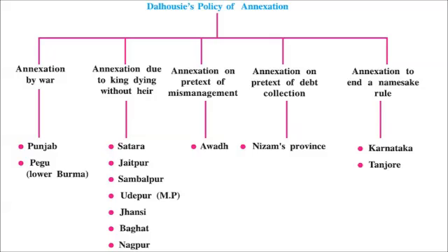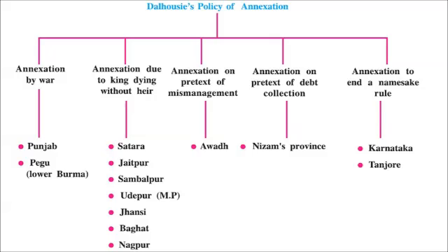He also took away the kingdom of Awadh under the wrong reason that the king of Awadh doesn't manage his kingdom properly. So he annexed it on the pretext of mismanagement. Then Nizam's region was taken over by giving the reason that he didn't repay the debt.